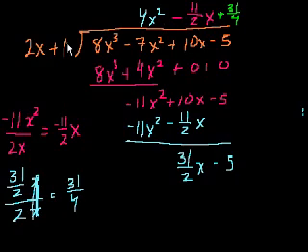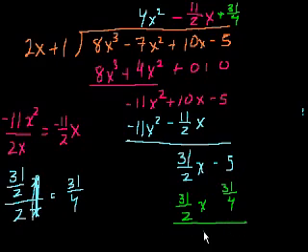31 over 4 times 1 is 31 over 4. And 31 over 4 times 2x is 31 over 2 x, right? And now we subtract the green expression from the light blue expression, and we're left with this.